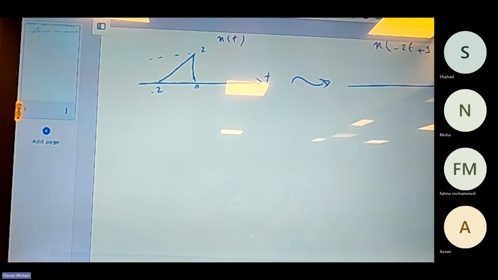At first, we go through time shifting. It's plus 1, which means we should move to the left, exactly, by 1. Minus 3 becomes minus 4. Amplitude is not changing.